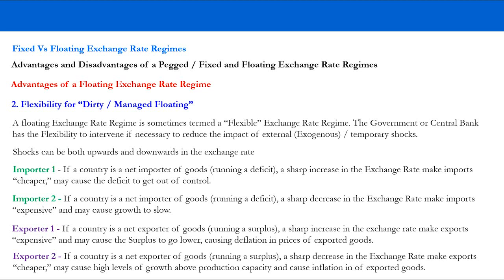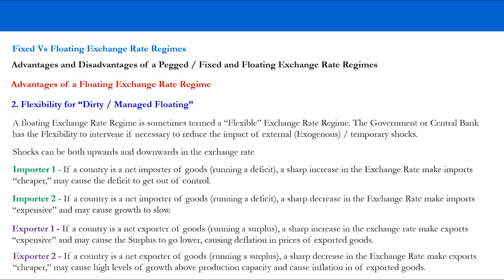Well, this makes imports expensive and can cause growth to slow, because if the structure of your industry in your country imports the goods necessary as inputs to your manufacturing process, and those imports become more expensive, then this can have a negative effect on your industry, because it can decrease margins now that the import prices are more expensive.